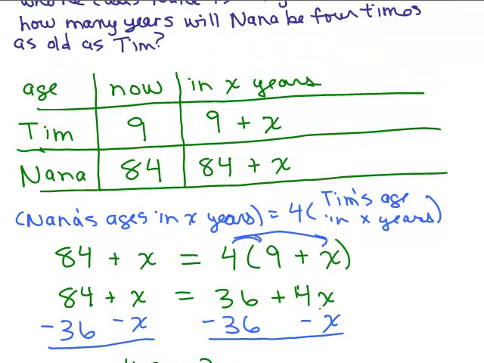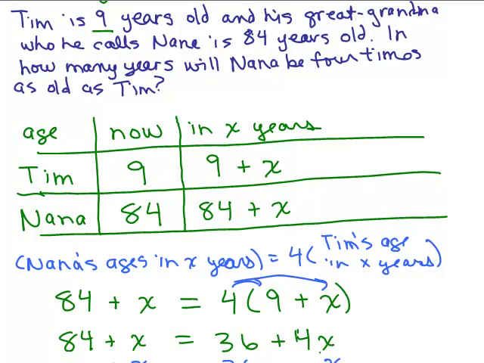In fact, that was their question. In how many years will Nana be 4 times as old as Tim? So it looks like the answer is in 16 years. But we definitely want to make sure this is correct. So now we're going to go back and look up to the words and see if this all checks out given the original information.